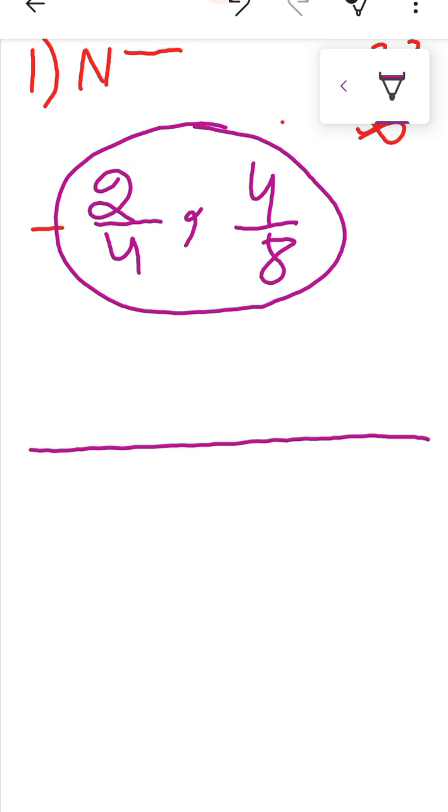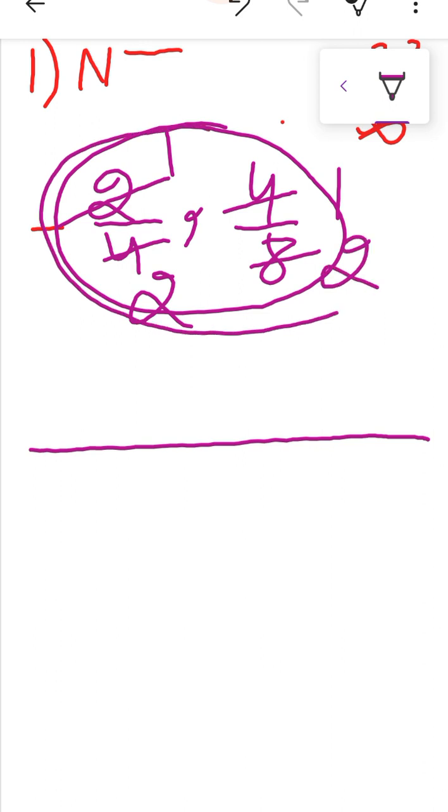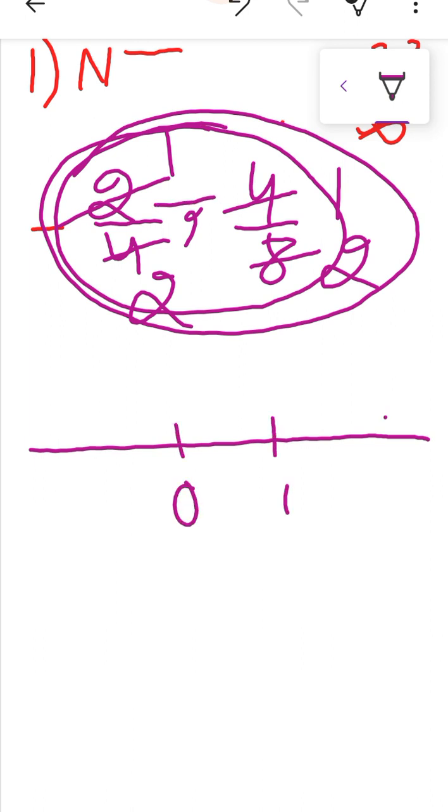Just cut it down. 2 ones are 2, 2 twos are 4, 4 ones are 4, 4 twos are 8. So it will be the simplest form, right? So 1 by 2 and 1 by 2. Now you can represent it on the number line. 1 by 2 will be here.